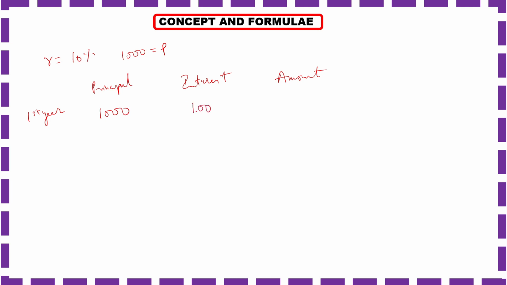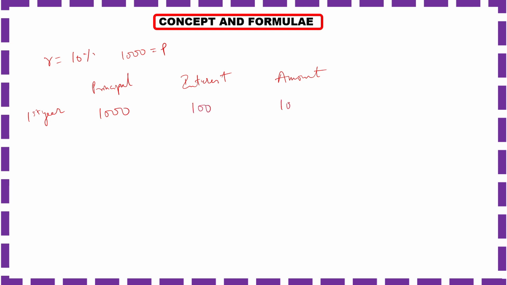Now coming to compound interest, how does compound interest work? Let's take the same example where you borrowed 1000 rupees from your friend at 10% rate of interest. So 1000 is the principal. In the first year the principal is 1000 rupees and the interest is 10% of 1000, which is 100.